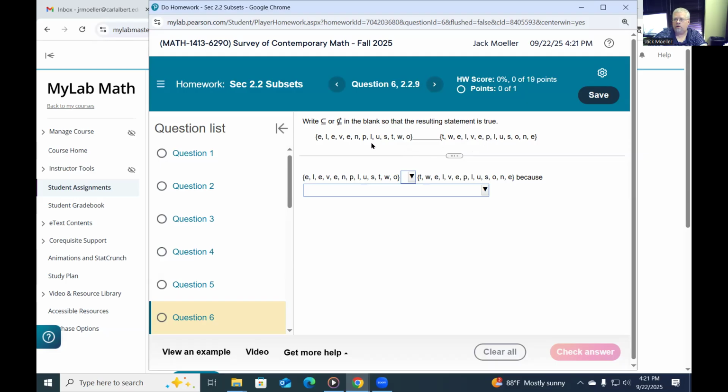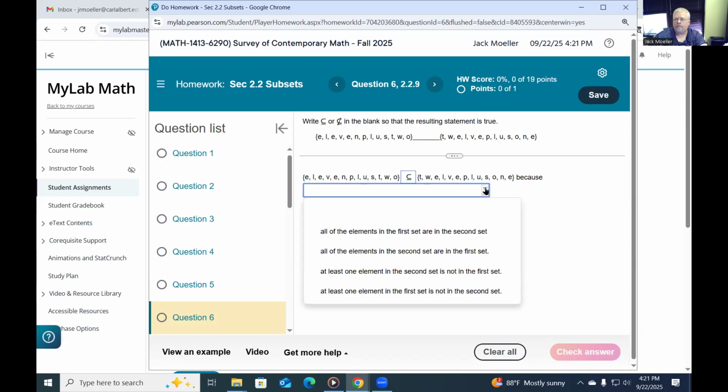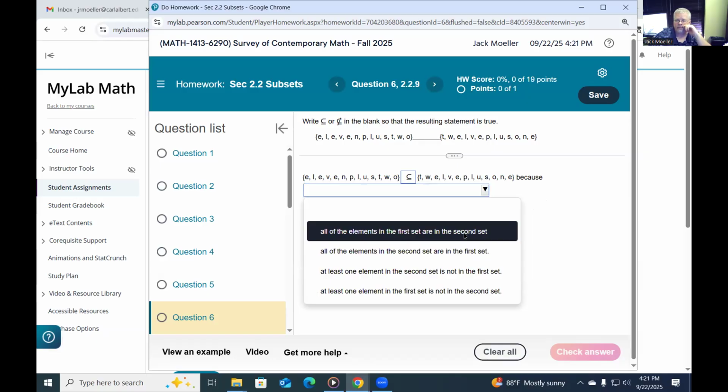We've already done L. U and S are over there. And then T and W, there's T and W, and then O is on both sides. So every element on the left is an element on the right. So that is a subset. This is basically asking your definition. All the elements in the first set are in the second set. That is exactly the definition.